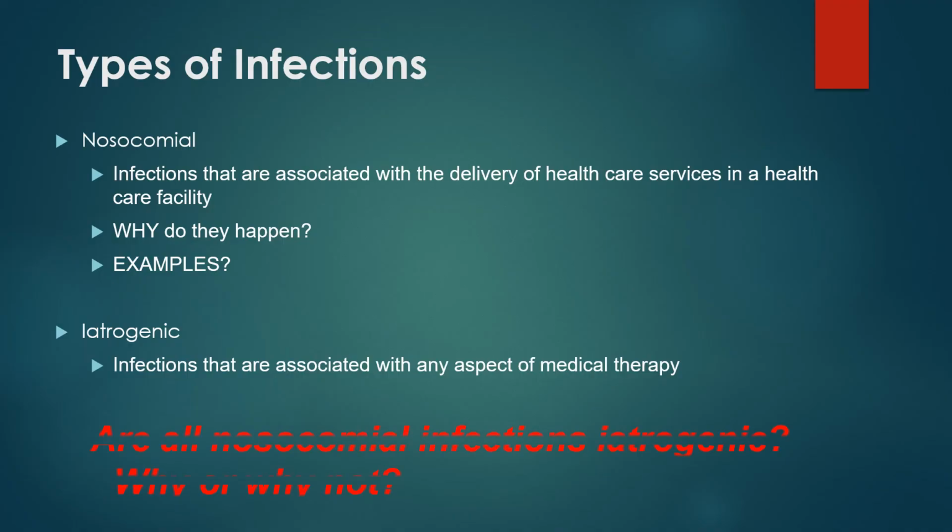All right. One big question: are all nosocomial infections iatrogenic? Yes or no? And why or why not? All nosocomial infections are not iatrogenic, because, as mentioned earlier, nosocomial infections can also be a result of overcrowding in the hospital. So it has nothing to do with a medical intervention that you've provided.